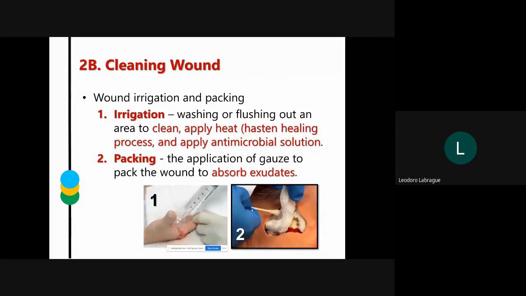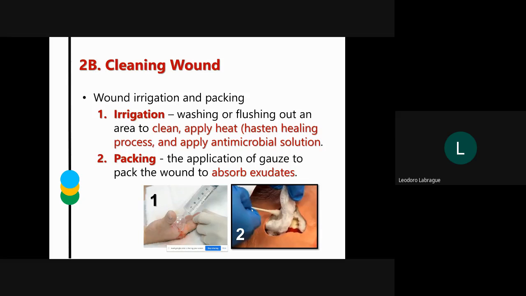Okay, as we have mentioned earlier, part of our treatment for a pressure ulcer or a wound is to irrigate. What do we mean by irrigate? Irrigation is simply washing the wound or flushing out the area to clean and to apply an antimicrobial solution.